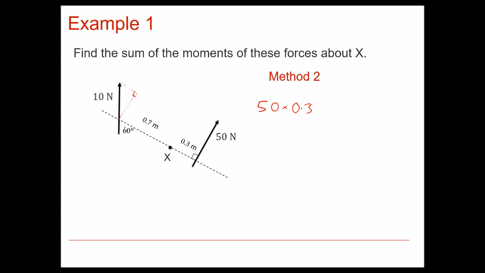So if we think about where the angles are here, this angle here will be 60 degrees, and so this perpendicular component will be 10 sine 60, and that is going in a clockwise manner, so I will have 10 sine 60 degrees multiplied by the whole of this distance, 0.7. And again, of course, that comes out as 8.94 Newton meters.